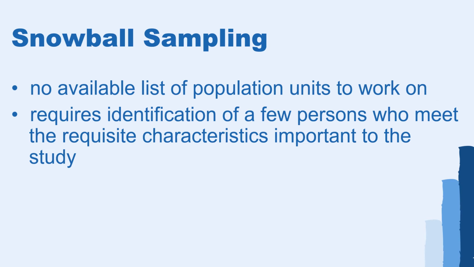But just as an example, I want to conduct a study among gays because I'm interested in their behavior, or maybe I'm interested in what they know about a certain social issue. So the best way for me to do it is to approach a friend who I know to be gay, and then ask that friend, hey, I'm doing an interview. Do you have other participants that you could refer?